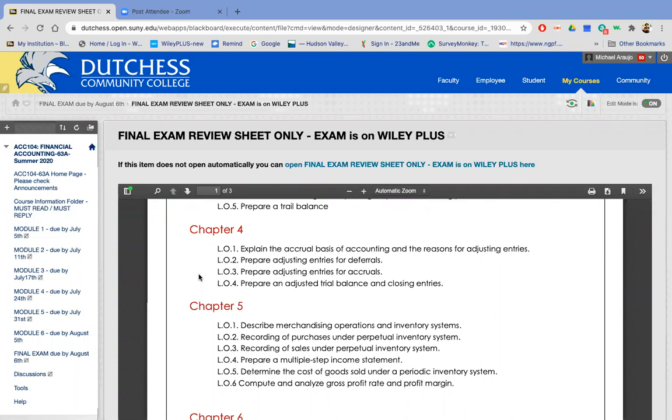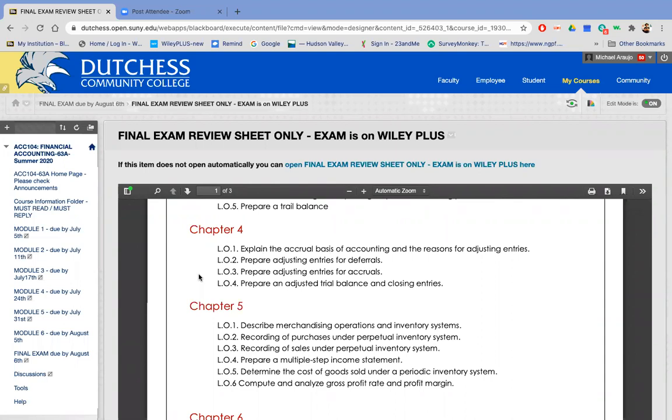Then, of course, once we have done our adjusting entries, all those adjusting entries go to the journal. And you know what happens as soon as you put something in the journal, it flows over or gets posted to the ledger. So now we have some ledger accounts that have been affected. In other words, their balances have changed because we've adjusted them.